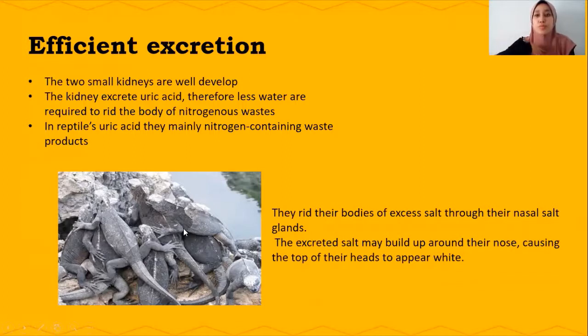So they get rid of nitrogen-containing waste from their body by excretion that uses the kidney. For example, they rid their bodies of excess salt through their nasal salt glands. The excreted salt may build up around their nose, causing the top of their head to appear white. Like in this figure, we can clearly see that the top of their head appears white because of the excreted salt.